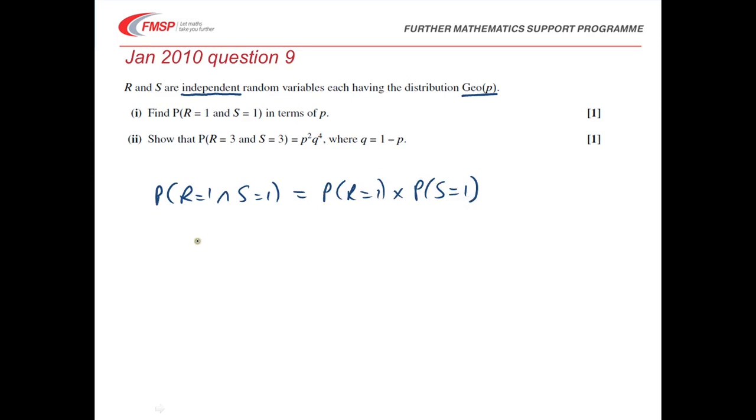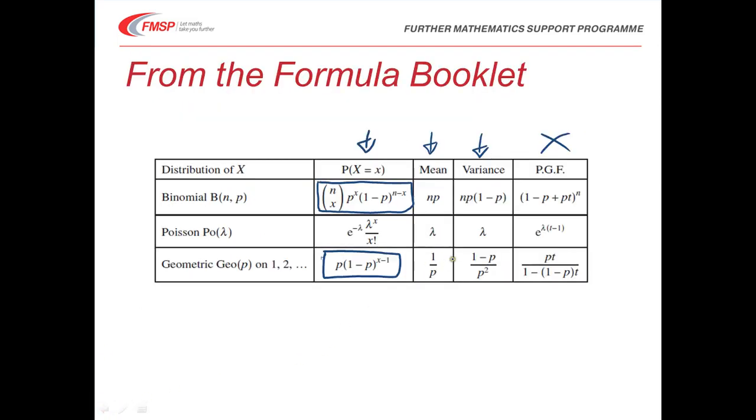Now we're told that R and S can both be modelled as a geometric distribution with parameter P. So in each case, there is a formula. Let me just remind you of it. It's P times (1 minus P) to the power of x minus 1.